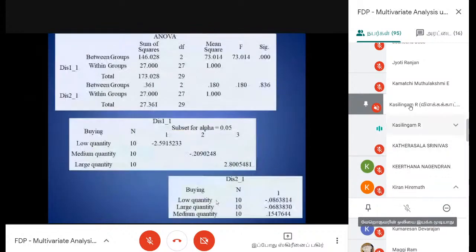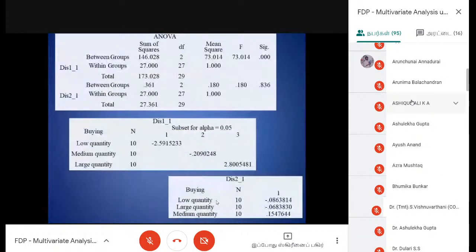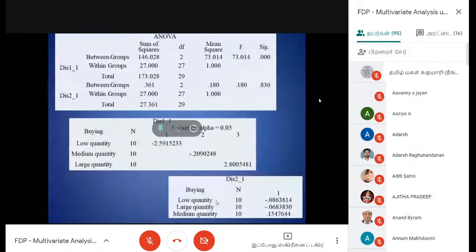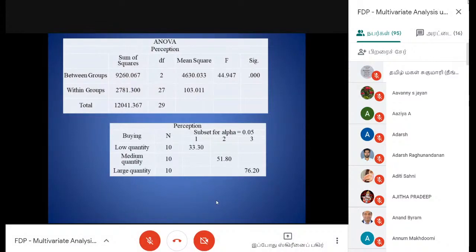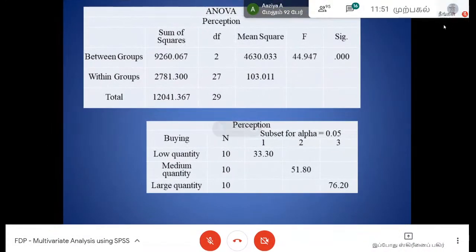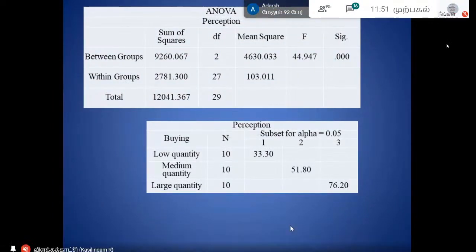Now, I put ANOVA with that independent variable against the earlier categories, large quantity and low quantity. Now look at the average perception of people who buy low: it is 33.